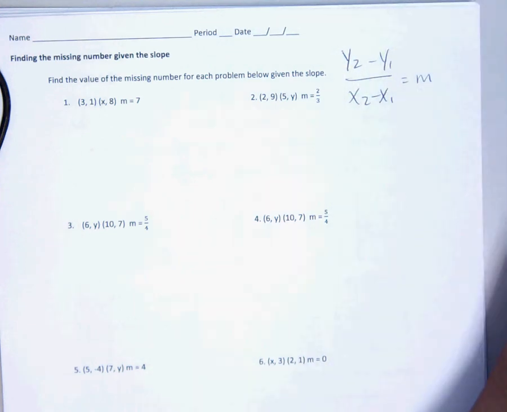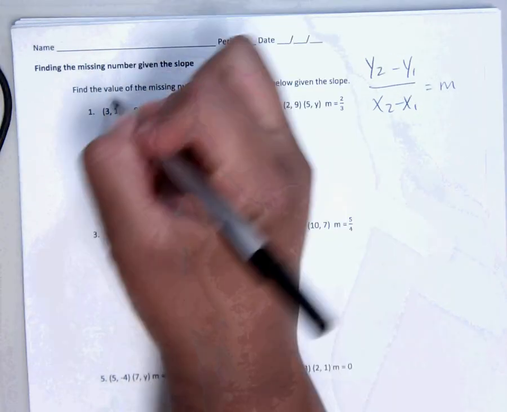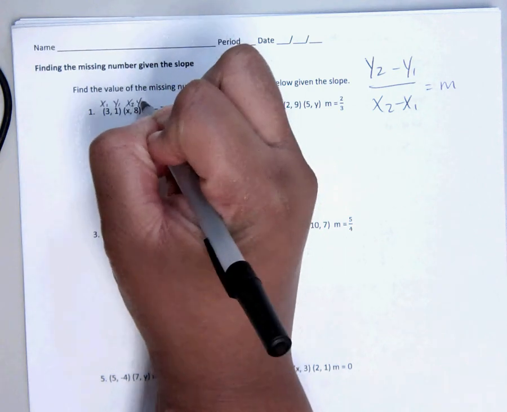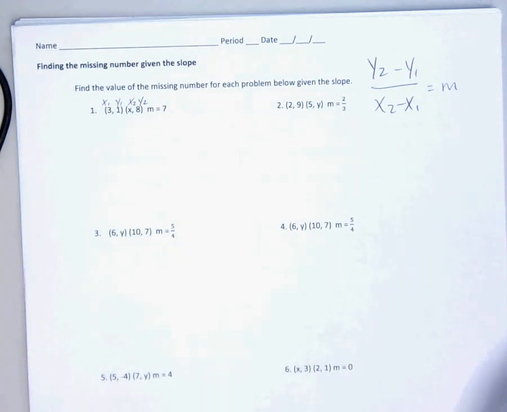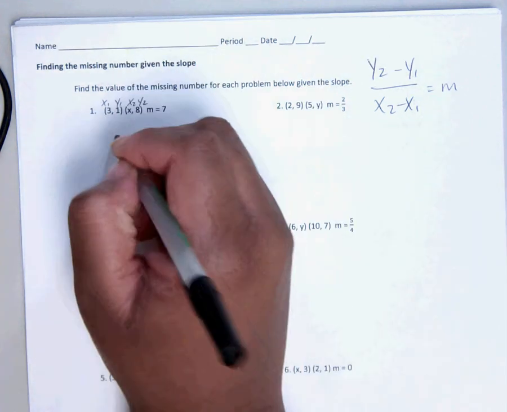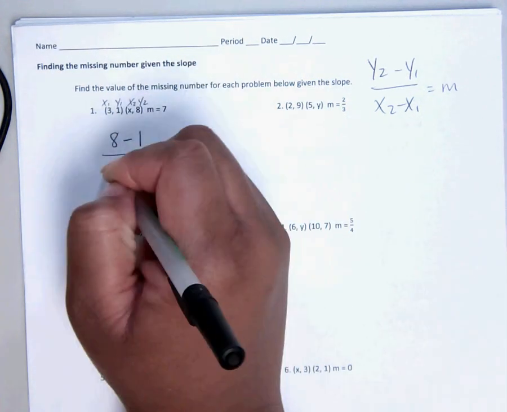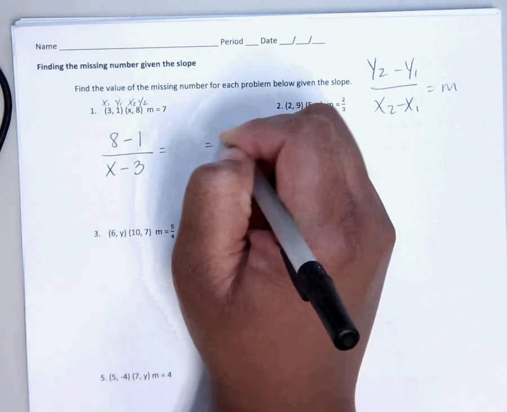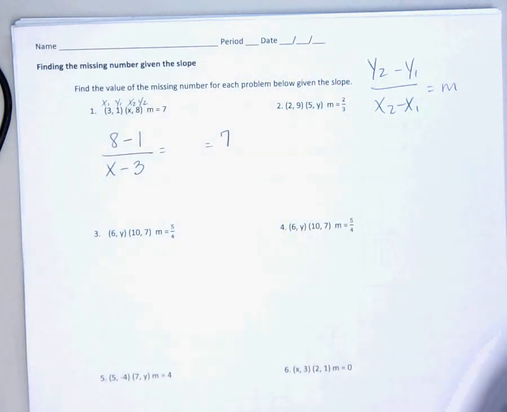Okay? And we need to label each one of these. And now we need to write the formula. 8 minus 1 over x minus 3 is going to equal 7. Okay.